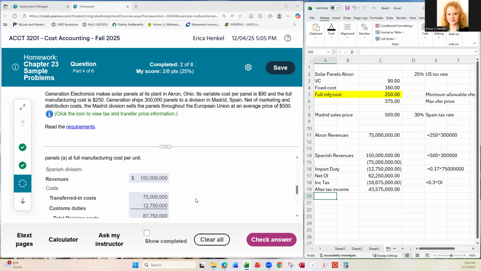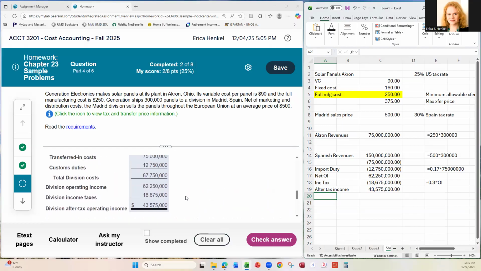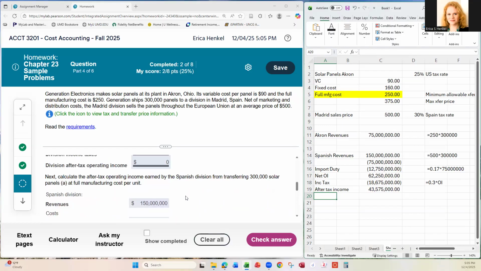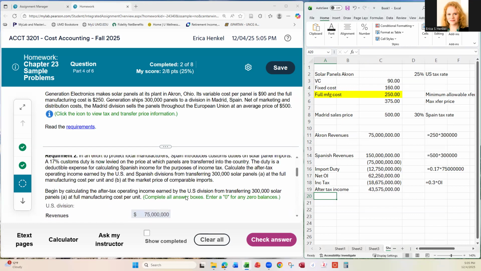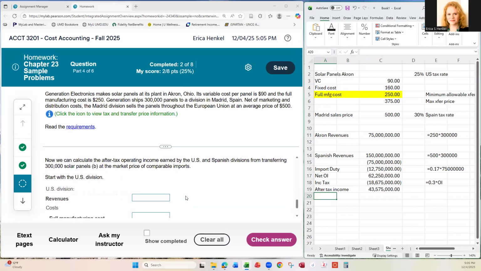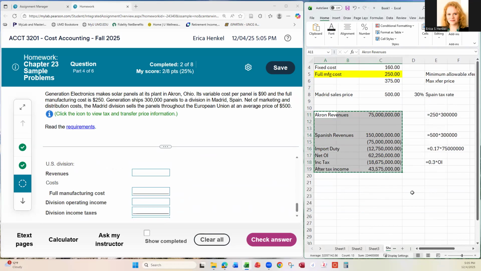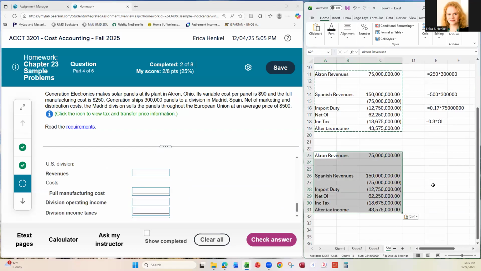Was that the 375? I think it was. Yeah, just double check. Yeah, I believe so. Okay, so they're going to sell it now, Akron revenues. I'm just going to copy this here and edit it. Instead of a $250 transfer price, we're going to have the 375.